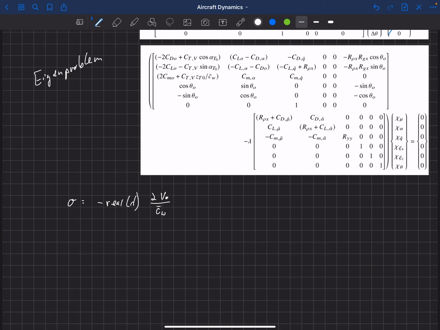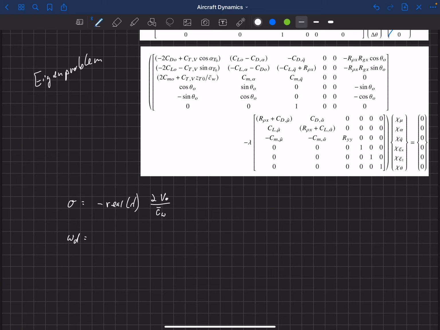That's what we used to non-dimensionalize. And then omega d, our damped natural frequency, is usually the absolute value of the imaginary part of lambda that comes out. Again, we're going to need to multiply that by 2 V naught over c bar w to get it in dimensional form.